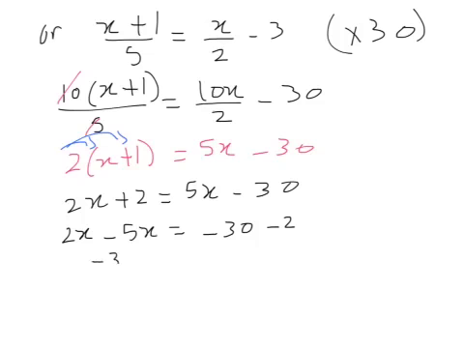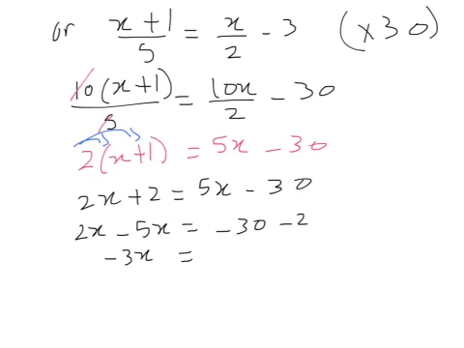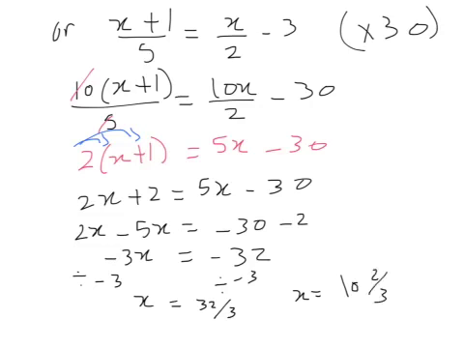That gives you minus 3x equals minus 32. Divide both sides by negative 3. And this will be x equal 32 divided by 3. Again, x would be written as 10 and 2/3. This is a quicker way of doing it, but might be for the more advanced students to think of it.